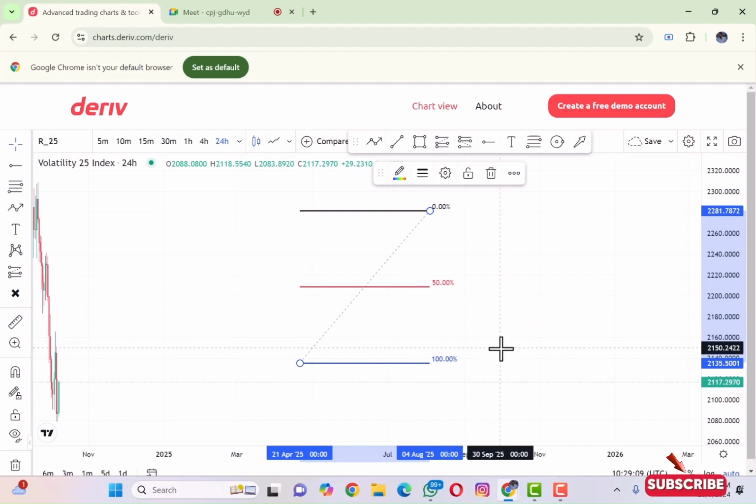So my take on premium and discount pricing is that above the 50% Fibonacci level, we have a premium zone. Within this region above here is the premium zone, and this is the discount zone.